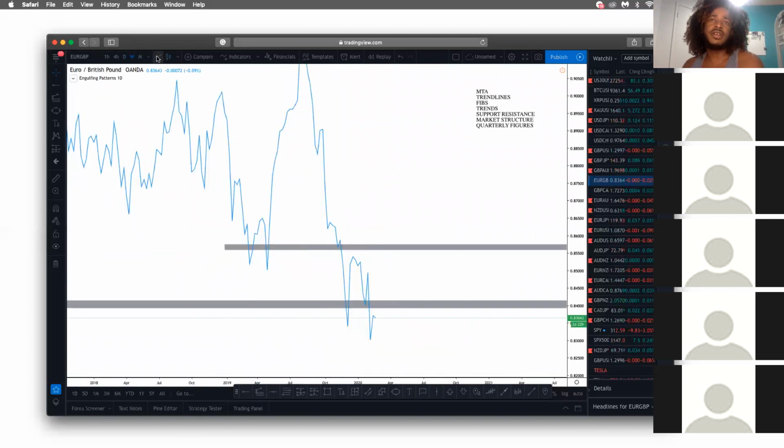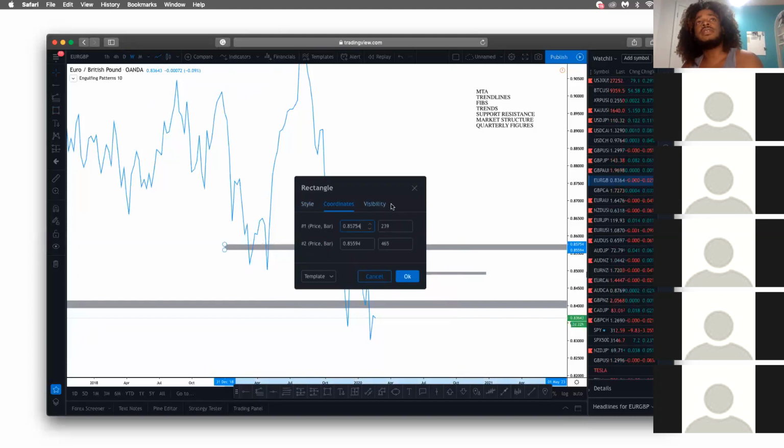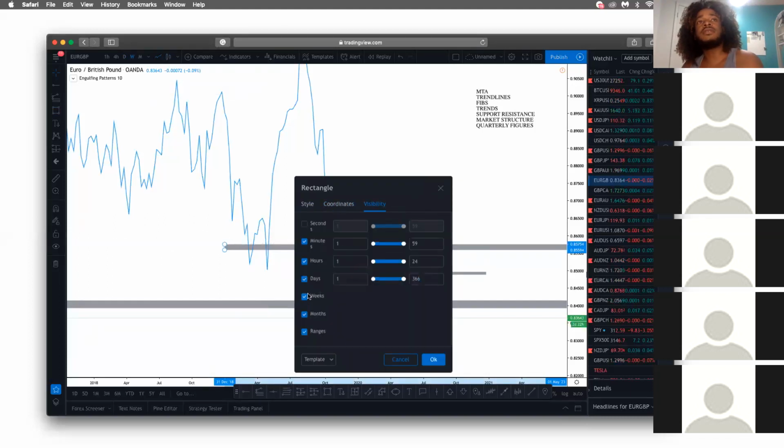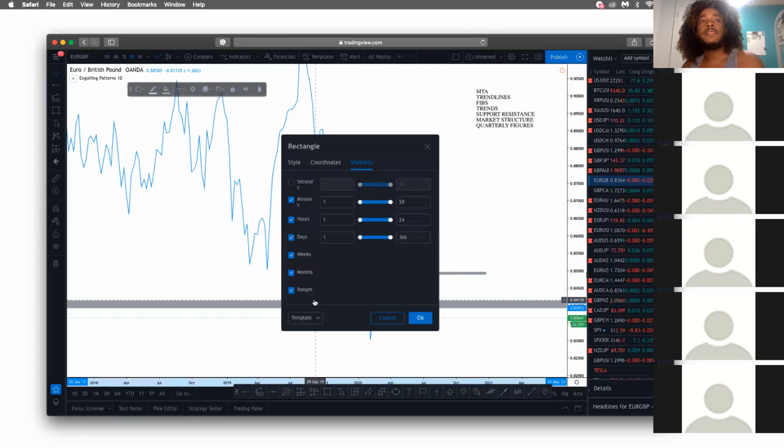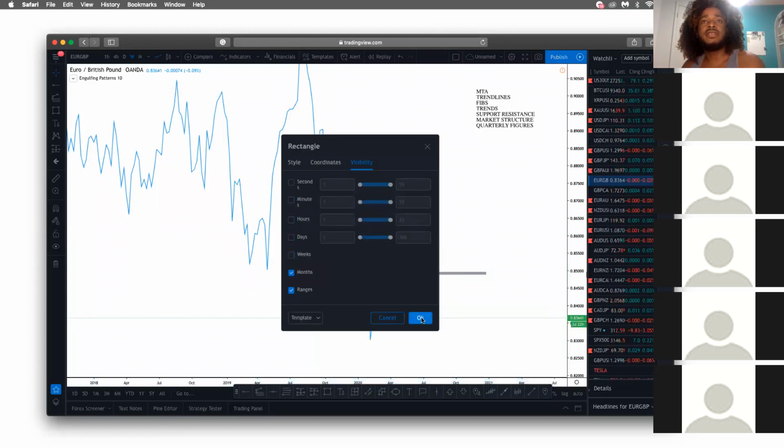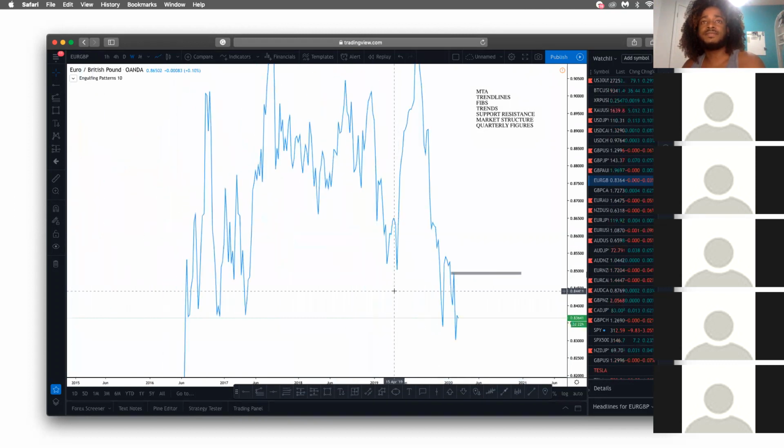We go to our line chart and add a weekly level. Now, a lot of the times what I might do, I usually leave certain objects on their designated time frame unless it's important, right? So I'll leave the monthly on the monthly, the weekly on the weekly, the daily on the daily, unless it's important.